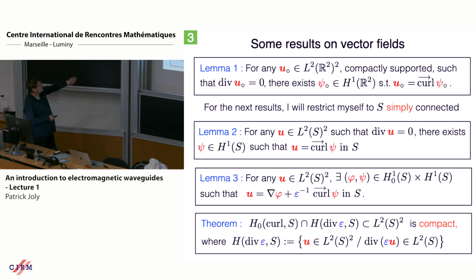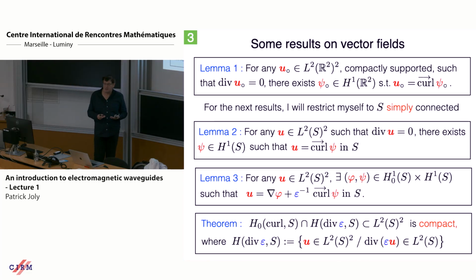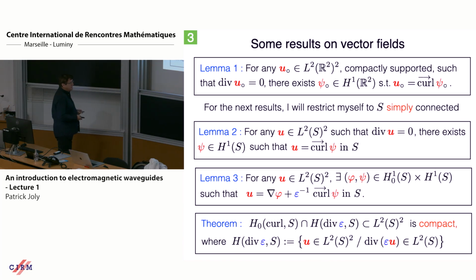And from these three lemmas, I shall prove, and I give the proof of everything, that this time the embedding of H curl 0 with H div epsilon, the space of vector fields whose divergence epsilon is in L2, recovers compactness.